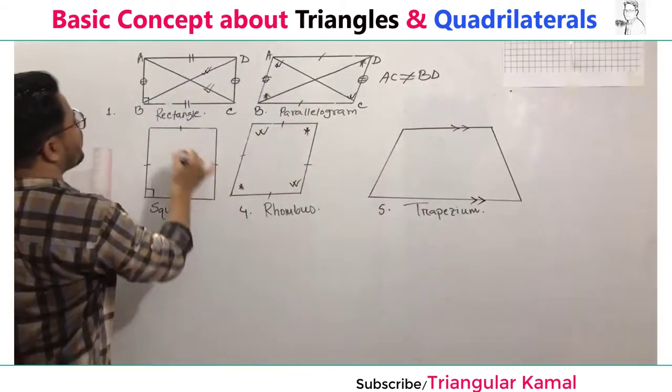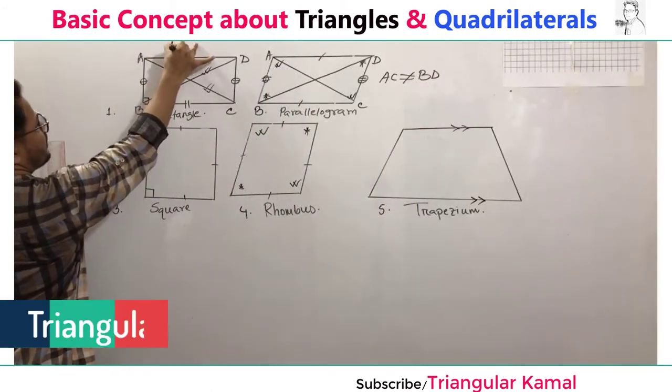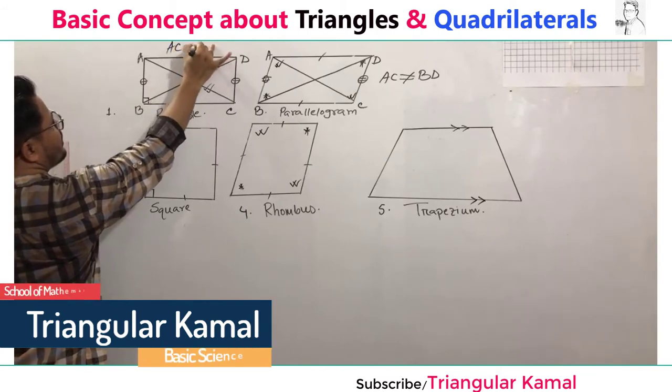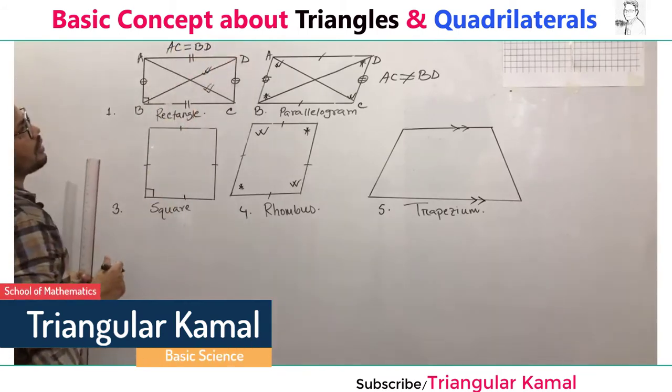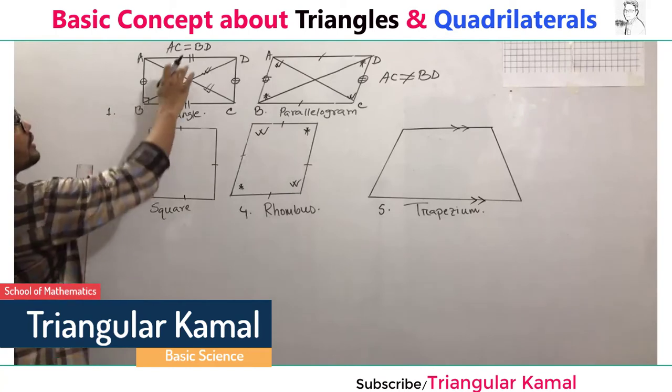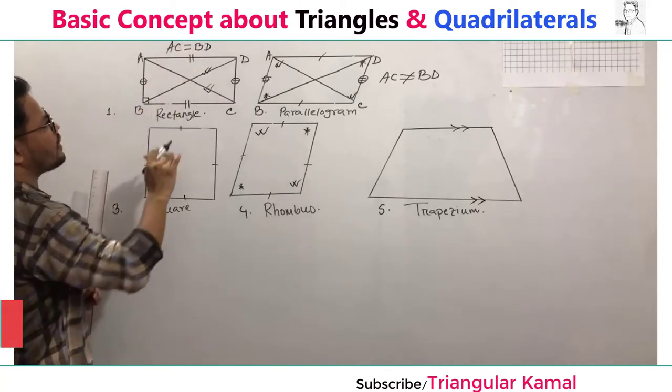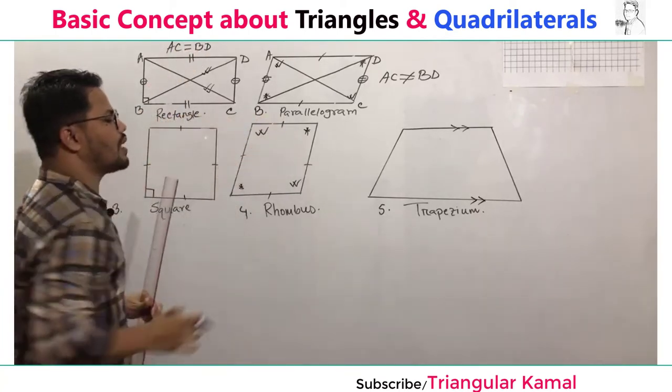But here we can write diagonal AC equals diagonal BD. So I think this is the major difference between rectangle and parallelogram.